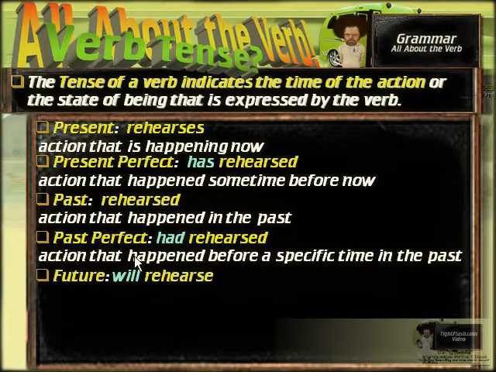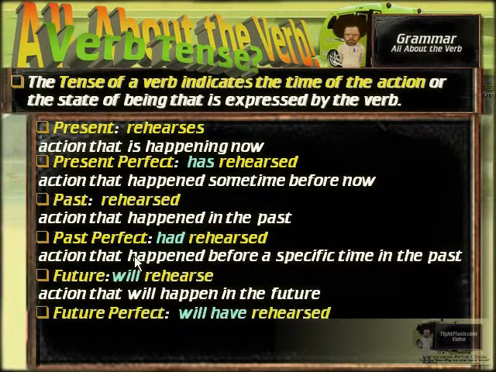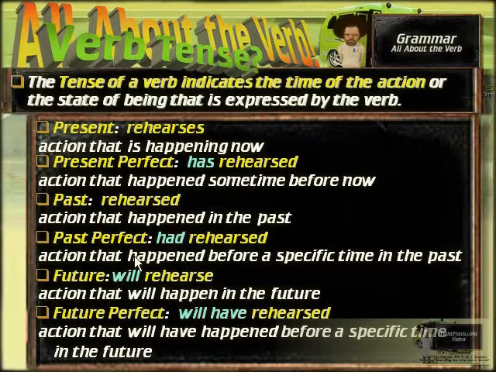Future, will rehearse, of course, that means something that is going to happen in the future. But when you want to indicate that this thing will happen before something else happens or before a specific time in the future, then you will say will have rehearsed. For instance, the band will have rehearsed before the first show.